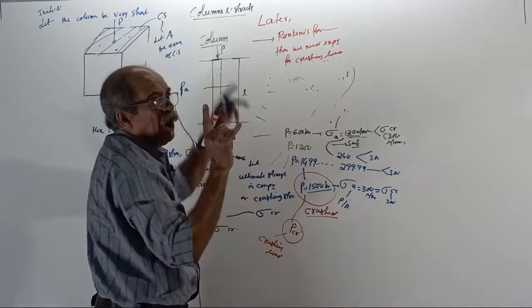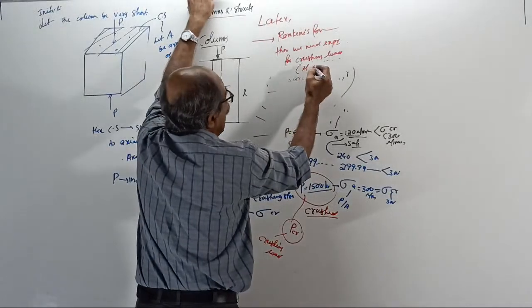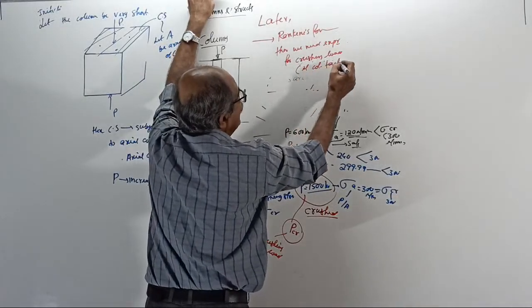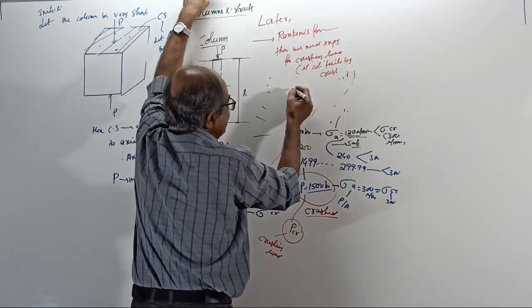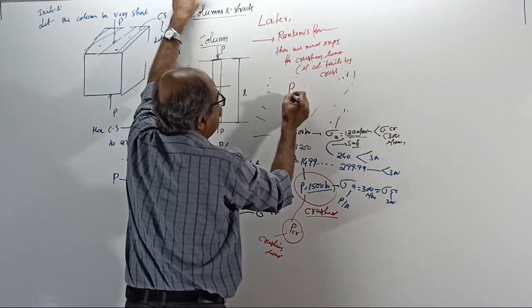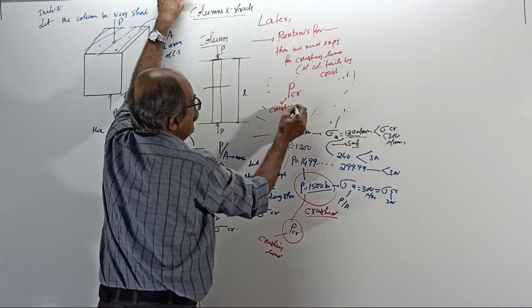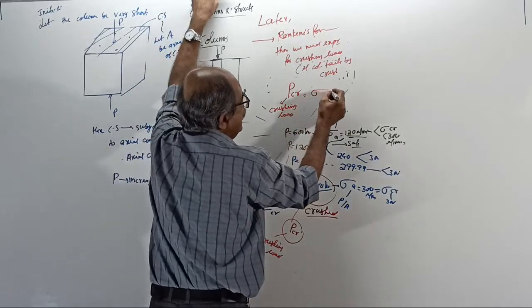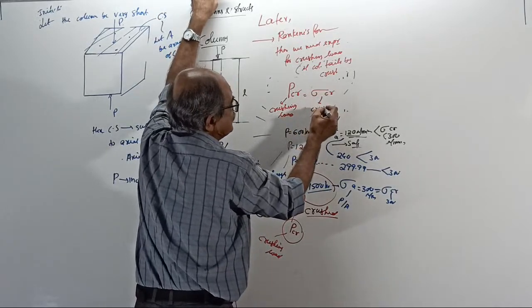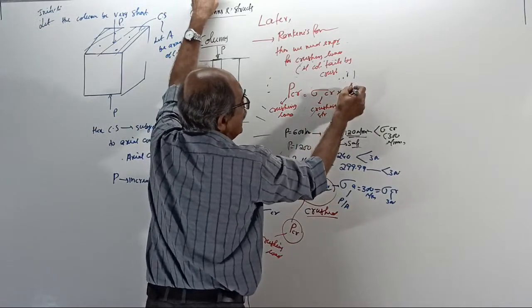If the column is short and fails by crushing, then the crushing load PCR equals sigma CR, that is the crushing stress, into the cross-sectional area.